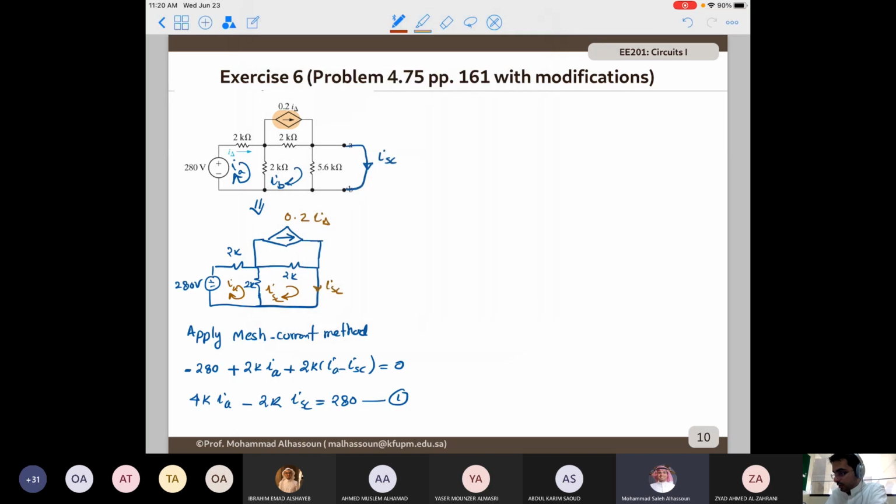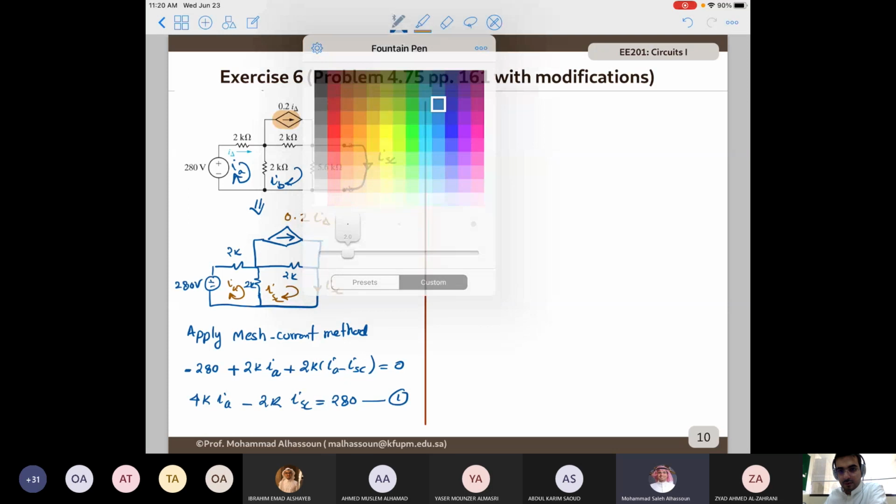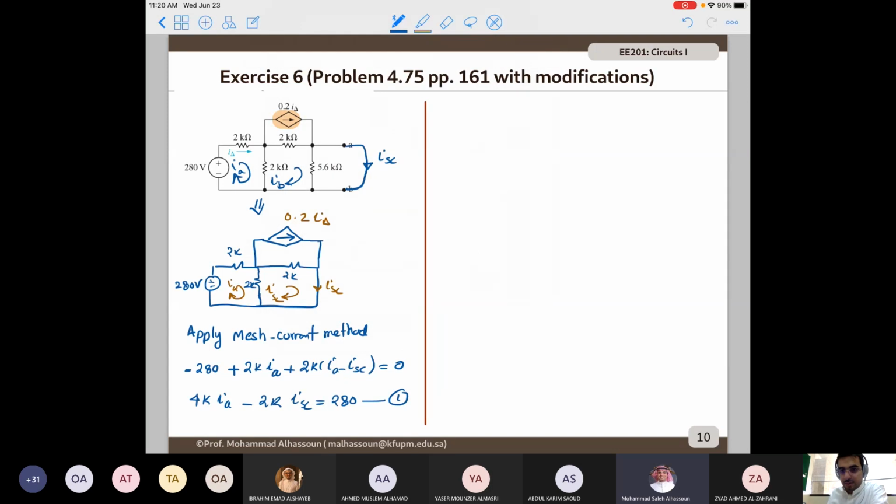The second equation is, let's start from here.